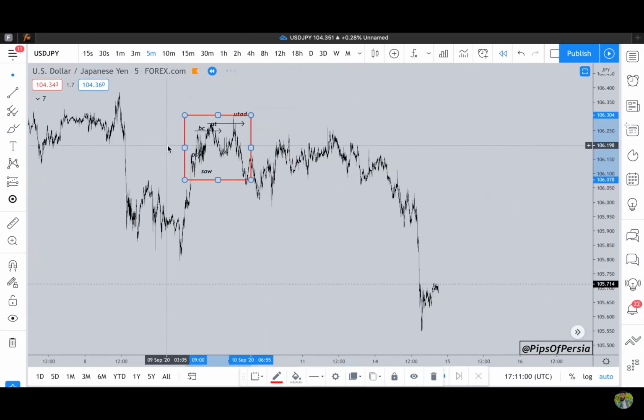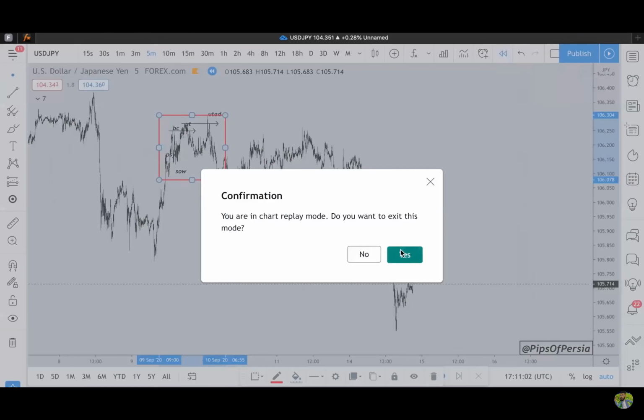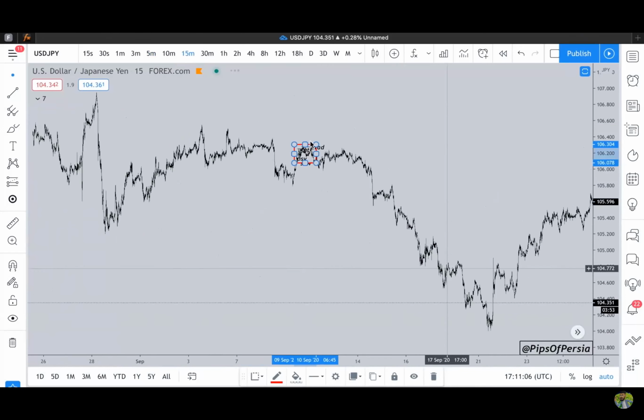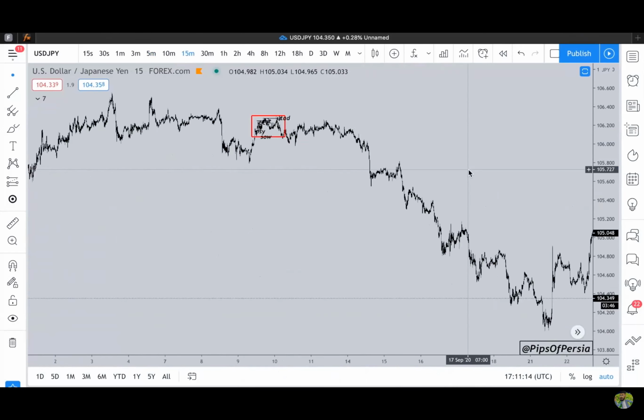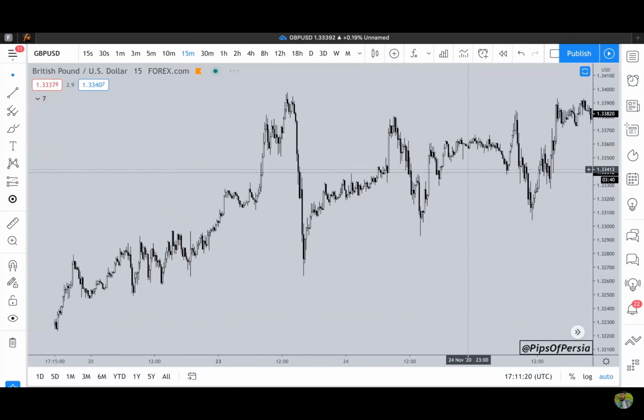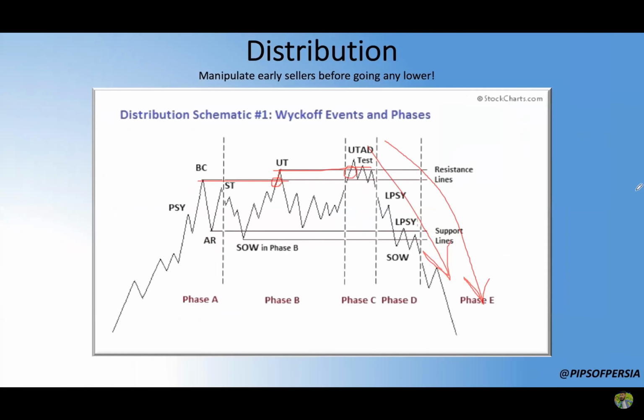This is where supply was introduced to the market, hence resulting in this entire massive move to the downside from that area of supply. As mentioned, if you want to see more detailed breakdown of this distribution or accumulation, I would definitely recommend to watch the USD JPY and the GBP USD video.